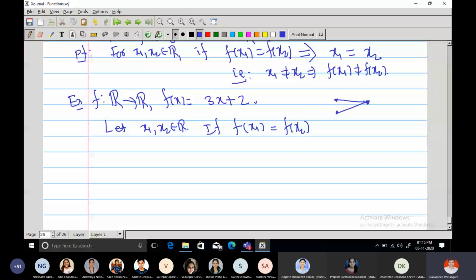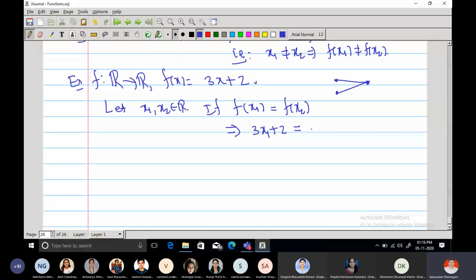Can we see this? f(x1) is equal to f(x2). But what is f(x1) by definition? 3x1 plus 2, and it is equal to f(x2), which is 3x2 plus 2. Now we can subtract 2 on both sides. So what do I get? 3x1 is equal to 3x2.